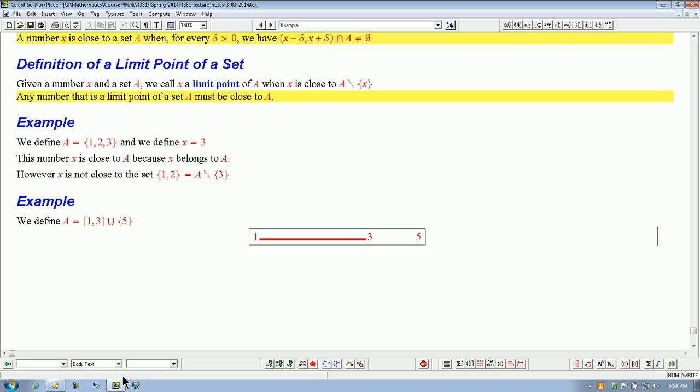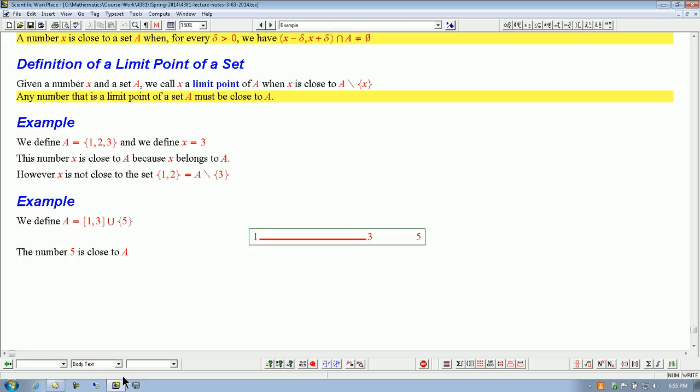Now, the number 5 is close to A, is it not? Because it actually belongs to A, right? And you're dying for me to answer your question, right? We're getting there. The number 5 is close to A, right?